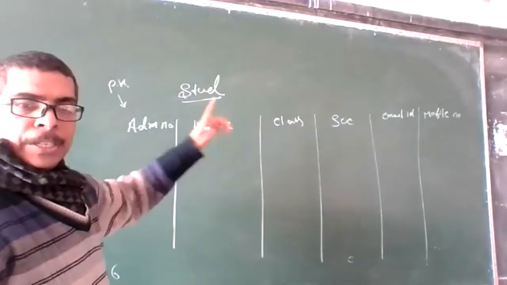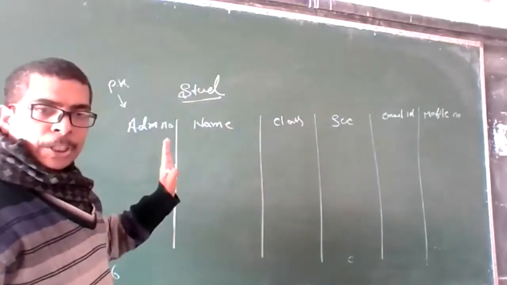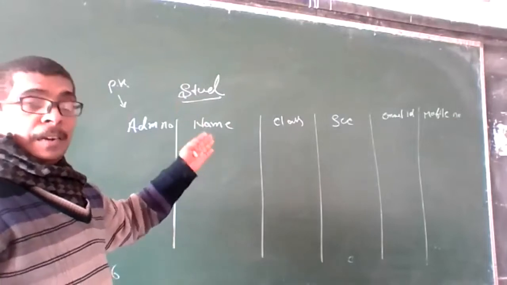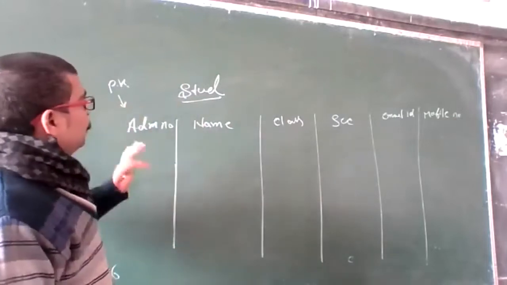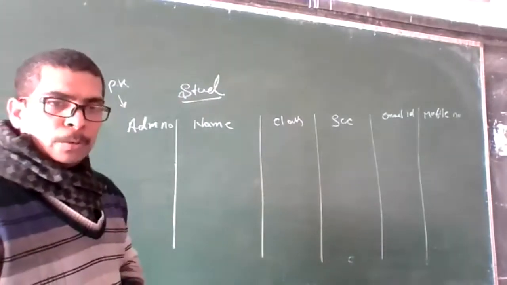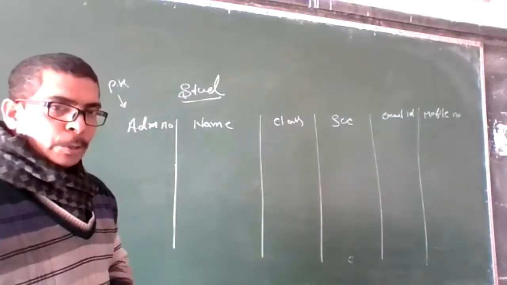All other attributes in a relation besides the primary key are called alternate keys. I hope the primary key and alternate key are clear to you.